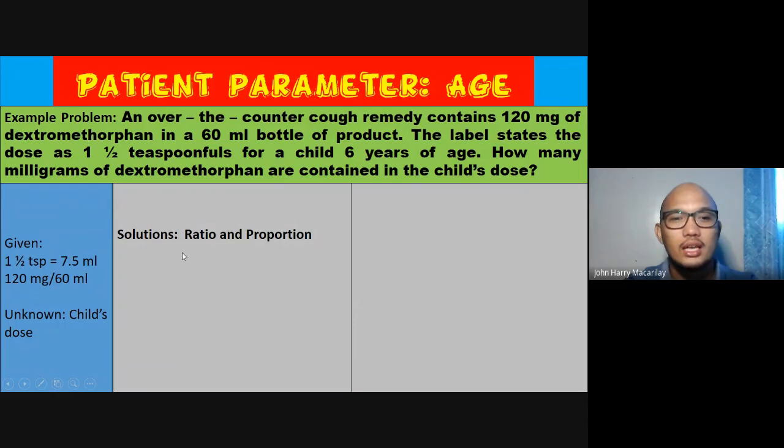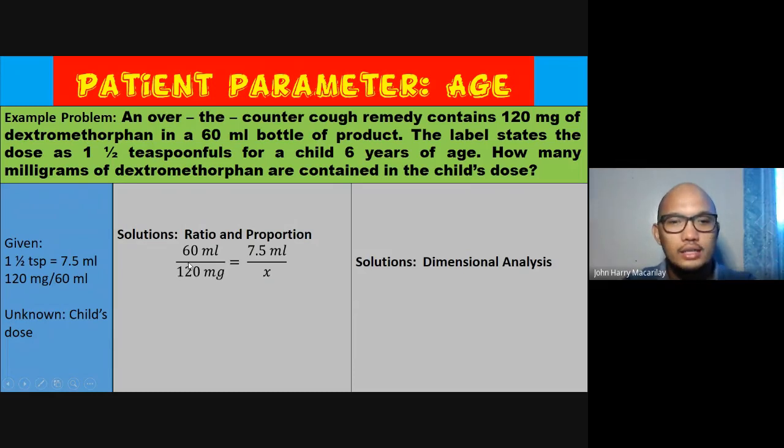The one that is missing is the amount per 7.5 ml. So your solution will look like this. 60 ml over 120 milligram equals 7.5 ml over X. So the missing now is the amount in milligram of dextromethorphan in 7.5 ml.